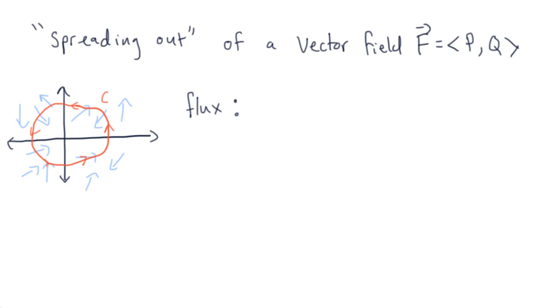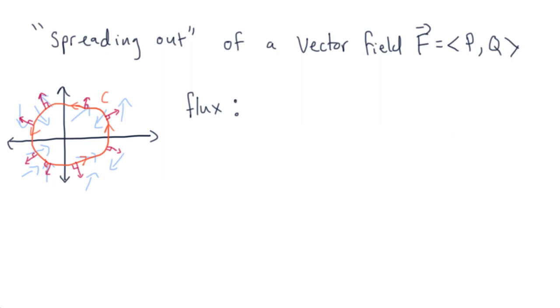And what that is basically measuring is how much of the vector field passes out of our curve C. And so the way to think about this is I just measure at each little piece of the curve how much of the vector field is passing out of the curve, or how much of the vector field lies in the normal direction of the curve.